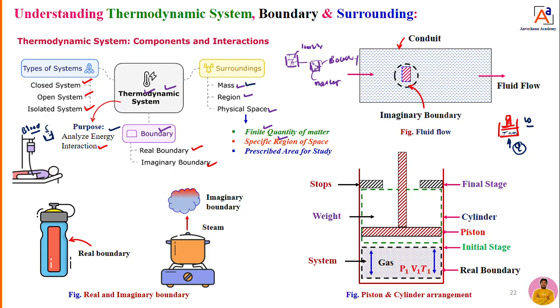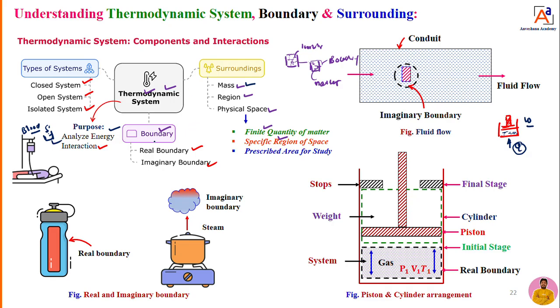That means a small quantity of matter, that is blood, is considered for testing. You have taken a small quantity of blood, a small quantity of matter considered for study. That is known as a thermodynamic system.